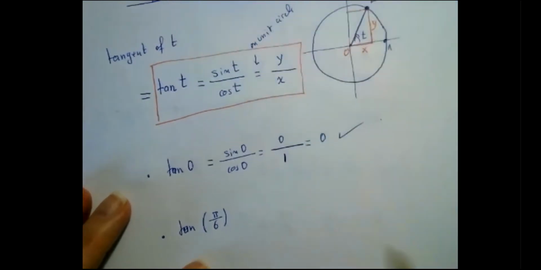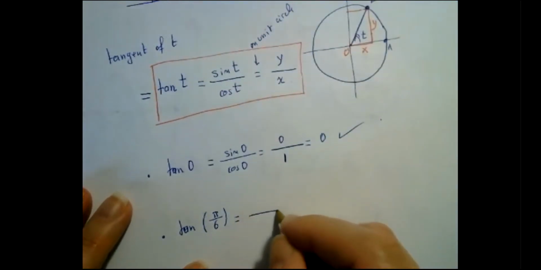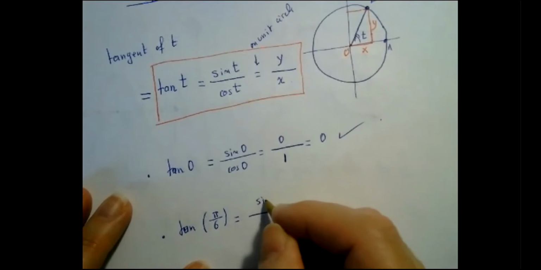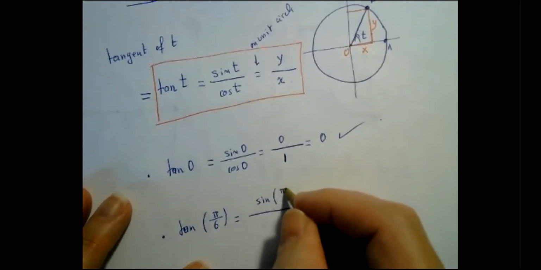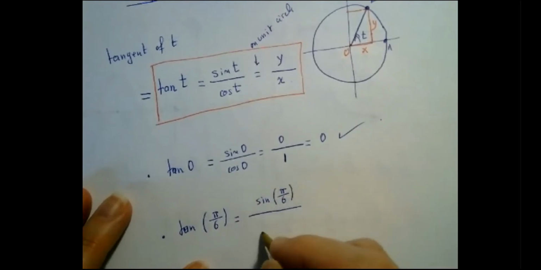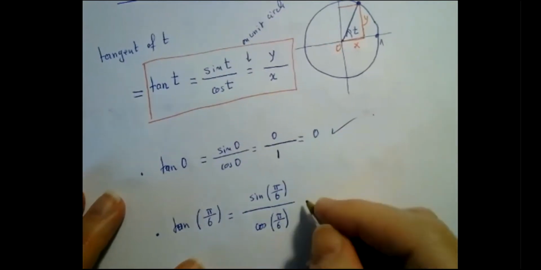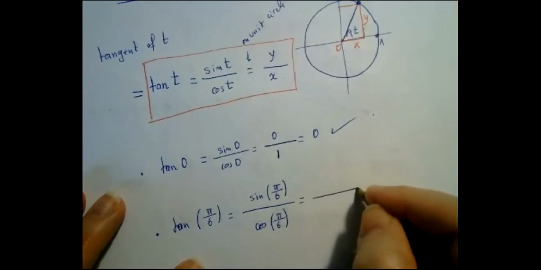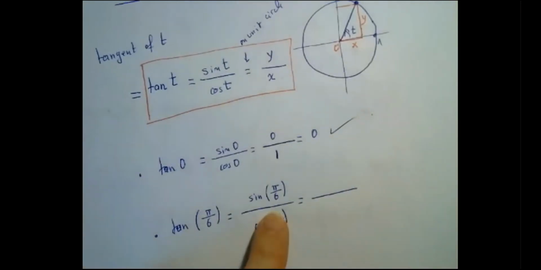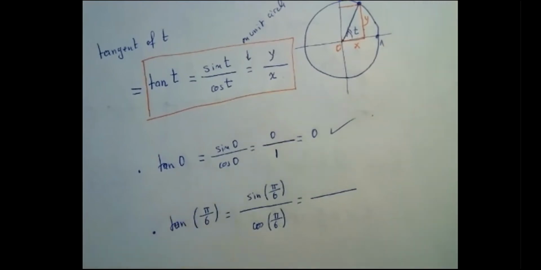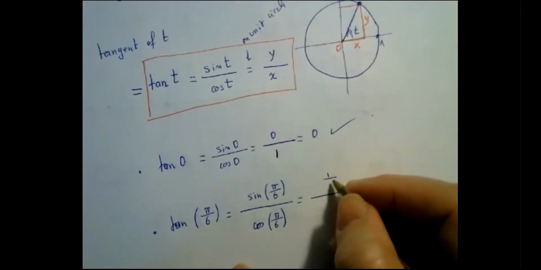Now what's tangent of pi over 6? It's the sine of pi over 6 over the cosine of pi over 6, which is equal to what? Anybody remember the sine of pi over 6? I wish I had you face-to-face because you will have to totally memorize those.